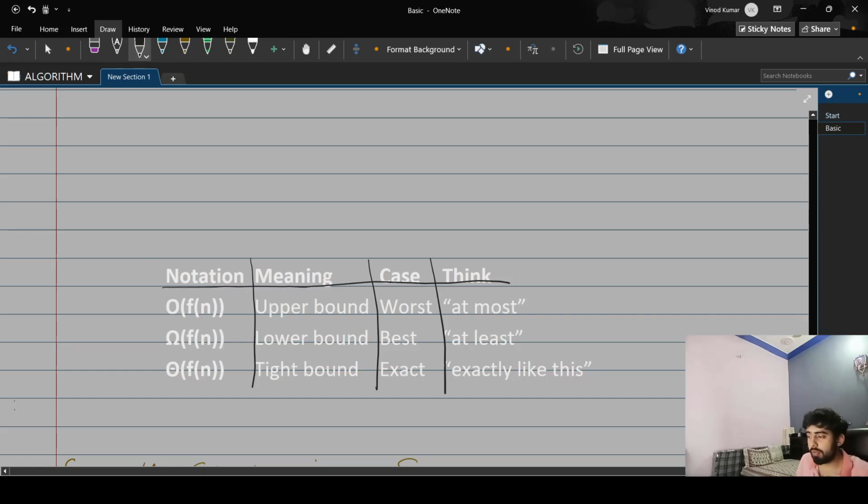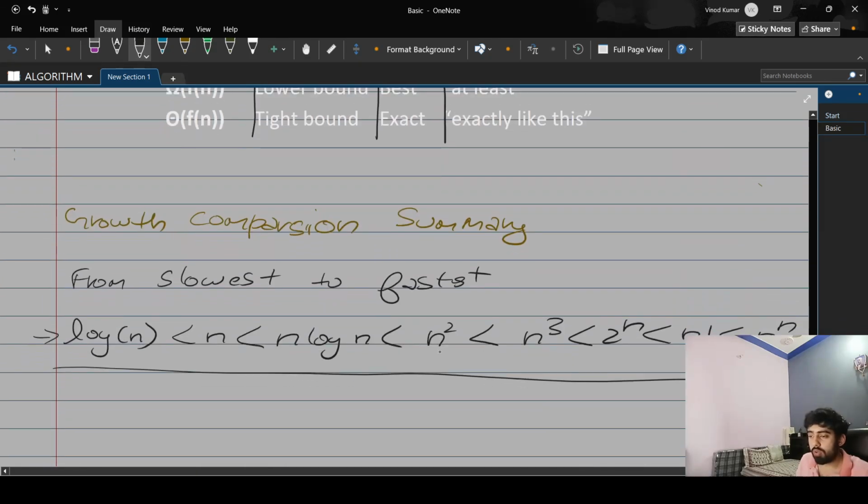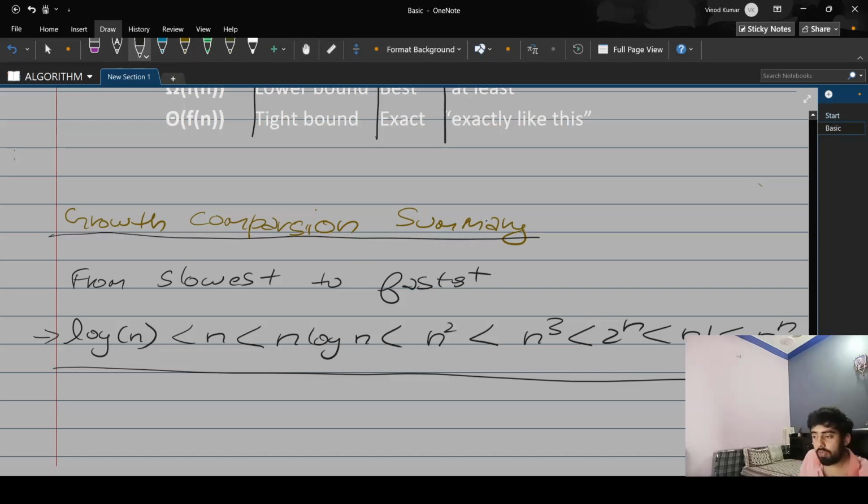An easy way to learn. Now the next is the growth comparison summary. This is a slowest to fastest comparison. You don't have to learn this. As we go through this course, you will eventually understand what is written. You don't have to fear this. It basically means log n takes less time compared to n to grow.